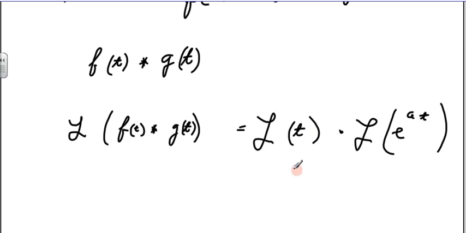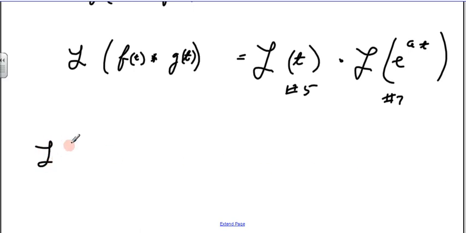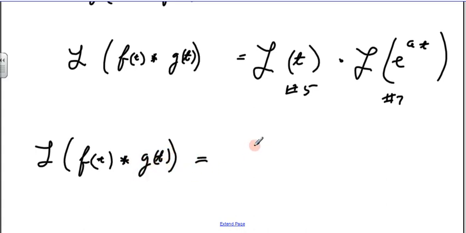And we notice that this guy is going to be number 5, and this guy is going to be number 7 on our Laplace transform table. So the Laplace transform of f of t convoluted with g of t is going to be 1 over s squared times 1 over (s minus a).